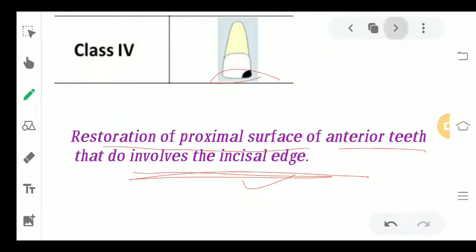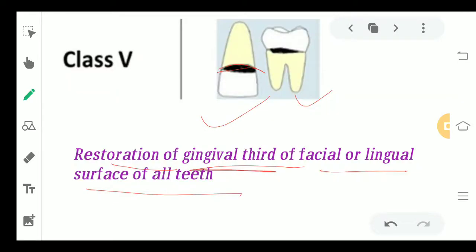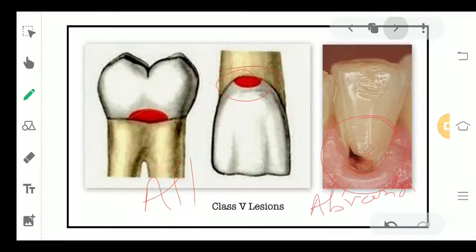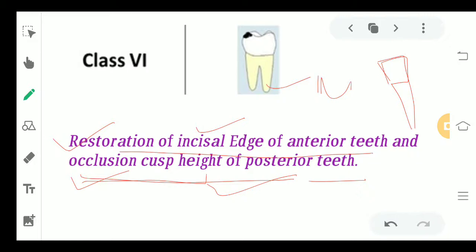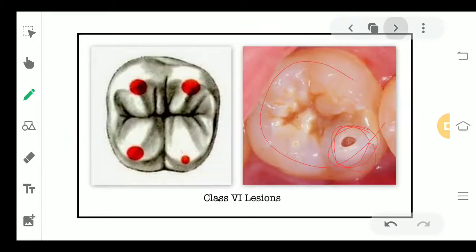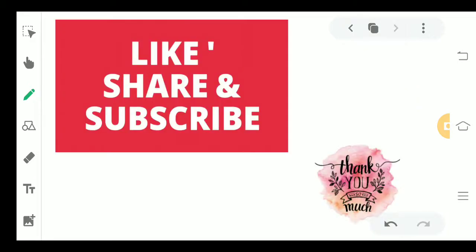Class 4 is when you are making the restoration on the proximal surface of anterior teeth and it will involve the incisal edge. Now coming to class 5, whenever gingival third of facial or lingual surface of all teeth are affected. And class 6 are mainly of the occlusal cusp height. Okay, only the high points are being affected by caries, and that is to be restored. Now these were all the classes of GV Black.